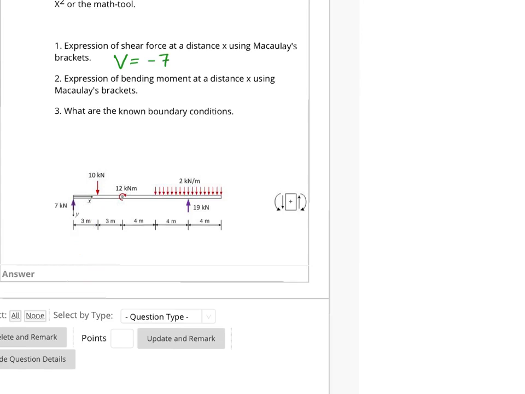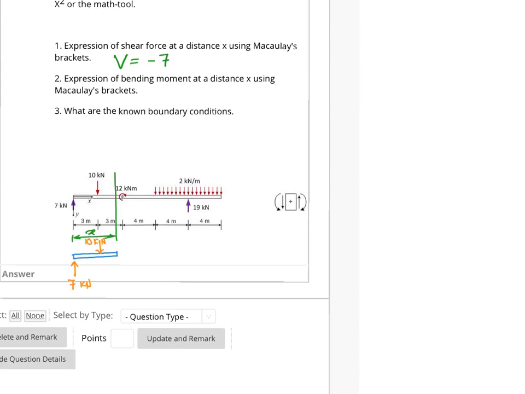Now let's move a little bit further and take our next section over here. So this distance is now x. Our beam segment now looks something like this, where we have a load of 7 kilonewton over here, and a load at this point of 10 kilonewton.